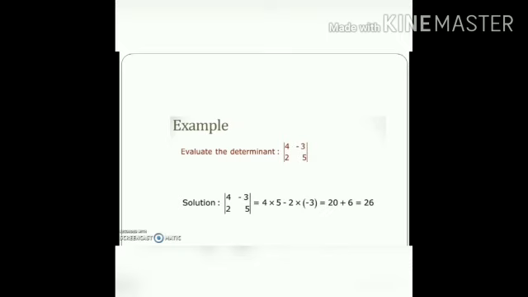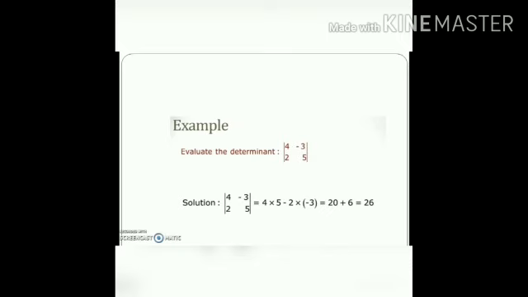So 4 into 5 is 20. 2 into minus 3 is minus 6. Now subtract these values. 20 minus minus 6. So minus of minus becomes plus, and therefore 20 plus 6 equal to 26.